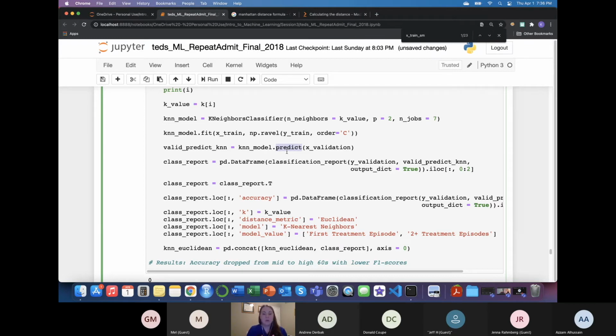We can output recall, precision, and other things that evaluate the accuracy or the value of your model and how it is predicting those values.